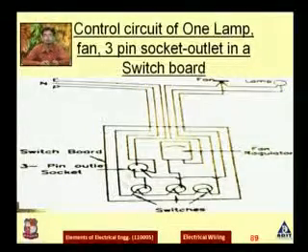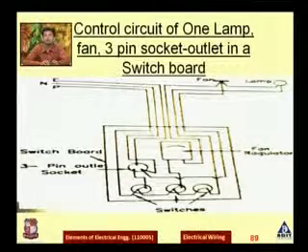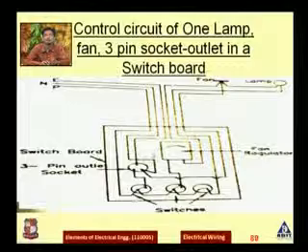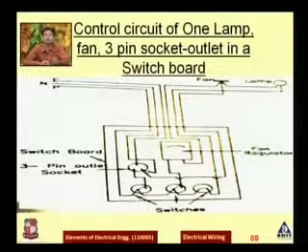Assume here that you are connecting your refrigerator or your television or any equipment that has a 3-pin socket. You can also assume that you are connecting your mobile for charging in switch 3.